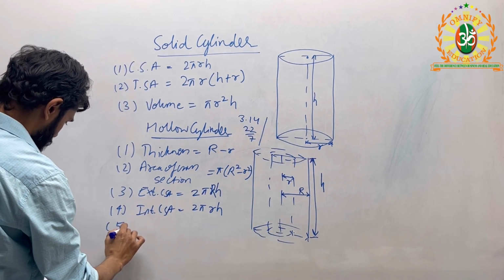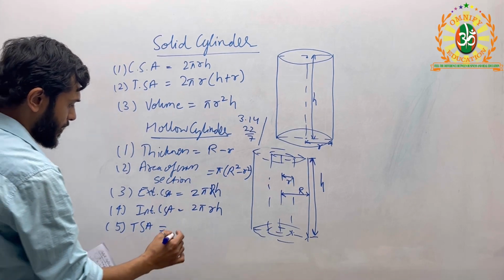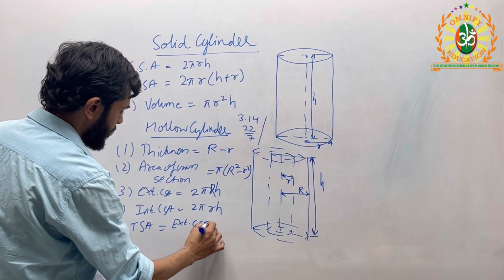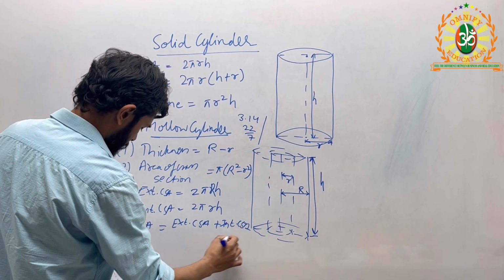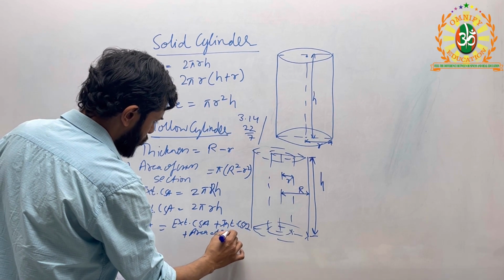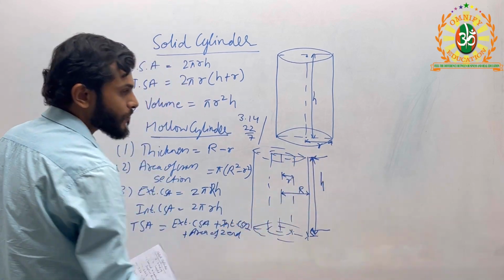Fifth, the total surface area. The total surface area would be the external curved surface area plus internal curved surface area plus the area of two ends. Ends mean this end and this end.